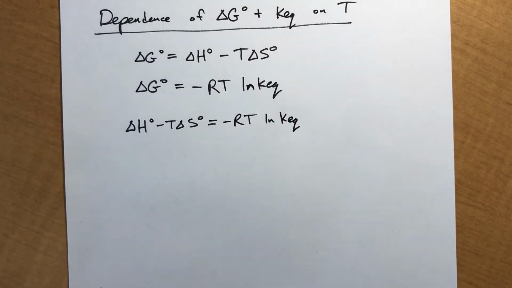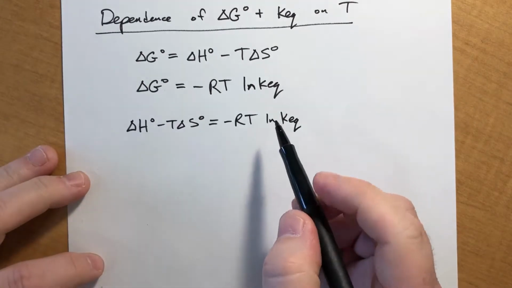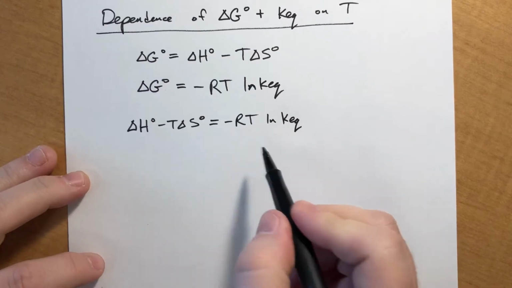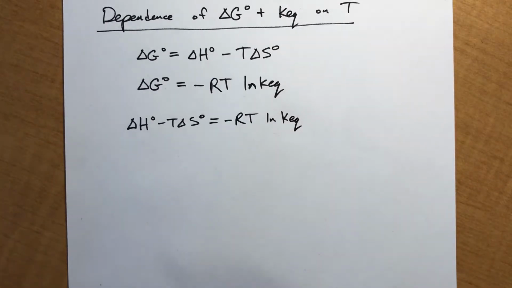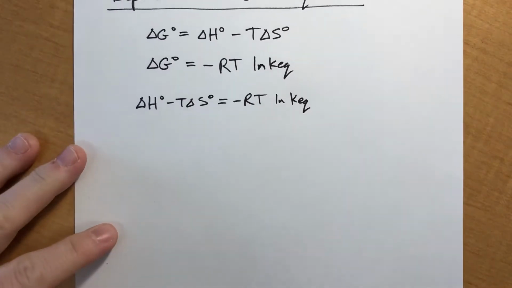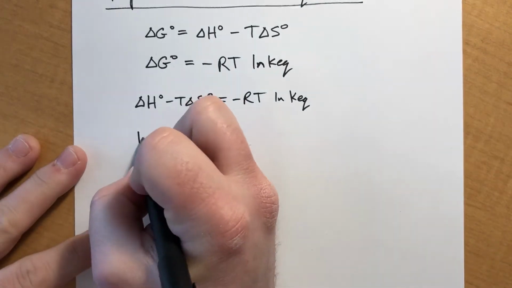Well, we can rearrange things to solve for natural log of Keq. Basically, we would divide everything by minus RT. I'm going to save us some of the steps in algebra and just work towards the answer here.